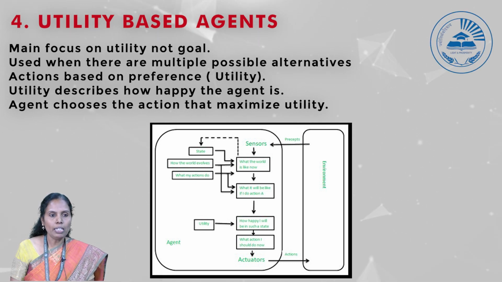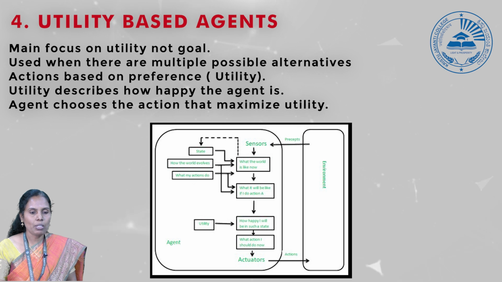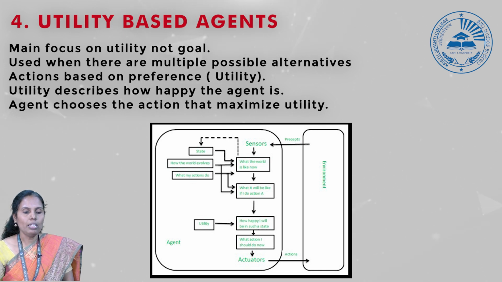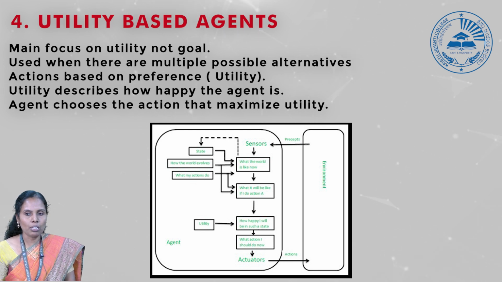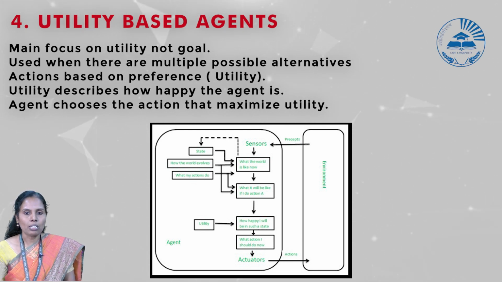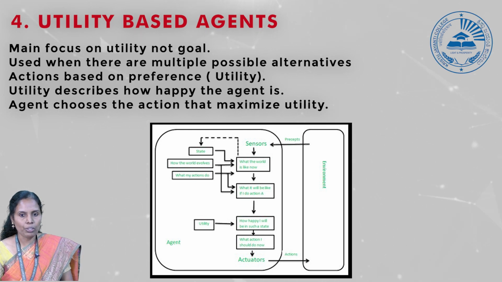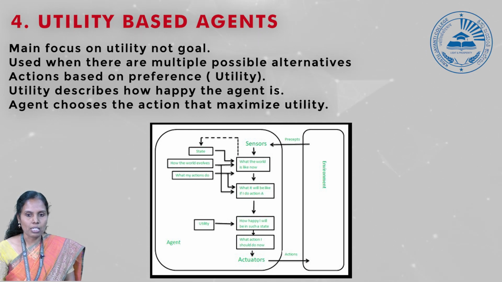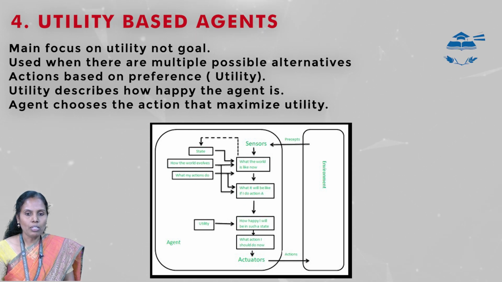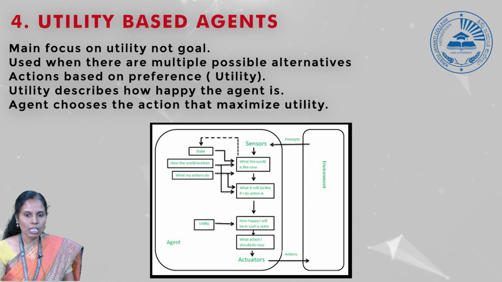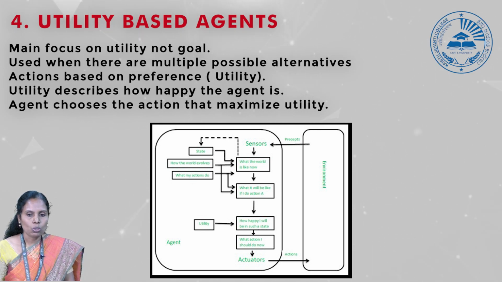So here the utility based agent describes how happy the agent is, and it chooses the actions with maximum utility. Here they have given the diagram. The environment percepts through the sensors, and what is the world like now, and what action are we going to take for each and every distance, and how happy the person or the object will be in such states, and what action should we do now based upon the utilities.